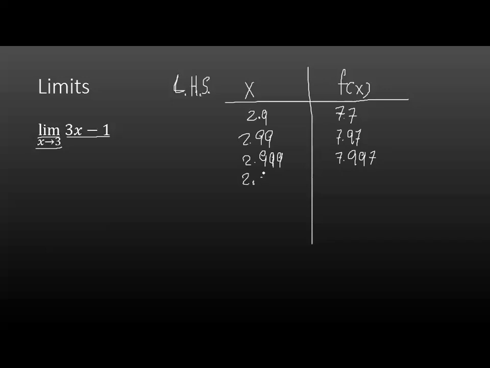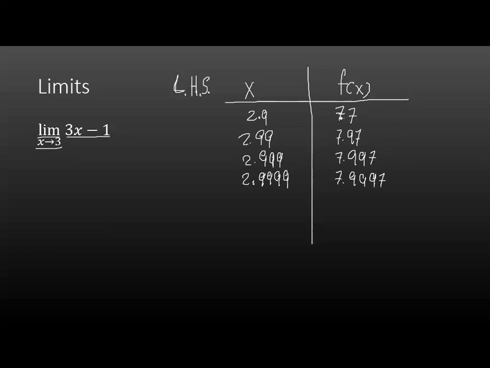And now let's stop here since these are the only values that we can reach, but it's up to you if you can reach more than 5 decimal values, all right? So here the answer is 7.9997. So you see the values here are closer to 3, right?